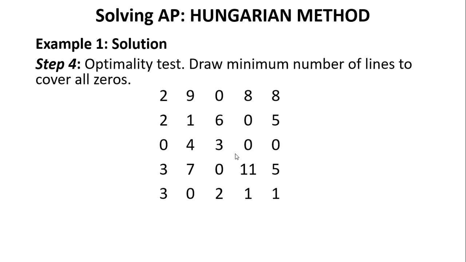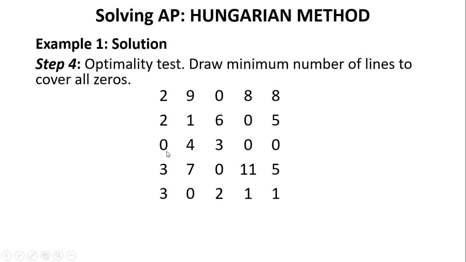So how are we going to test for optimality? We test by drawing a minimum number of lines to cover all the zeros in our matrix. How can we attain a minimum number of lines covering all zeros? First, you need to identify a row or a column with the largest number of zeros.